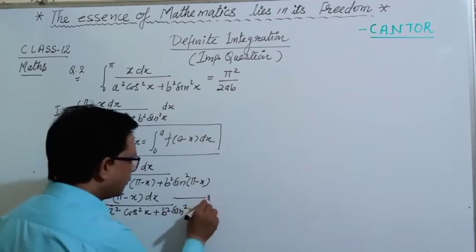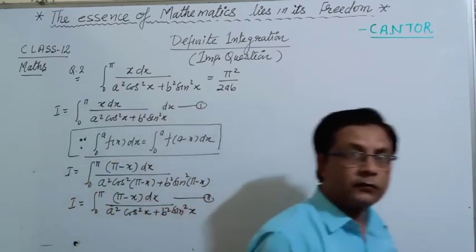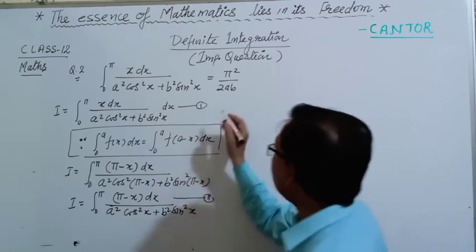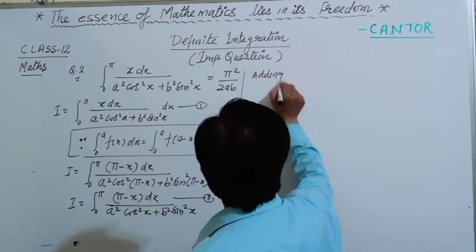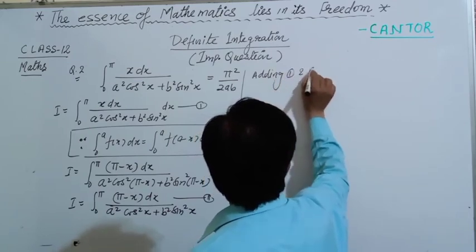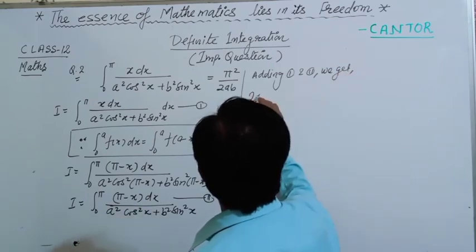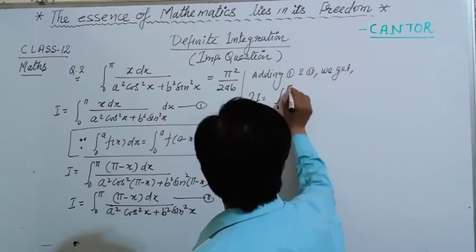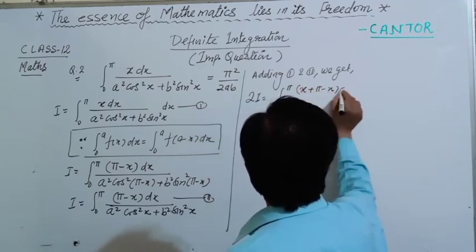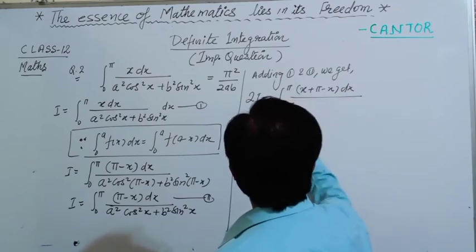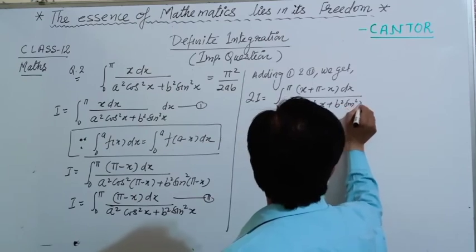This is your second equation and this is your first equation. Now adding the first and second equations, we get 2I is equal to the integral from 0 to pi of (x plus pi minus x) dx upon a square cos square x plus b square sin square x.